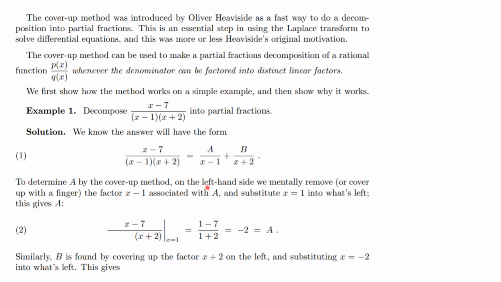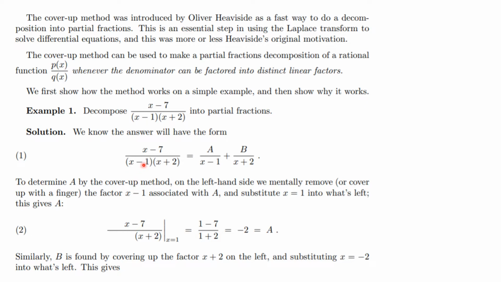x plus 2. So to determine a by the cover-up method on the left-hand side, we mentally remove or cover up with a finger the factor x minus 1 associated with a. Again, that's what's in the denominator under a. And we substitute 1 into what's left, and that will give us a.